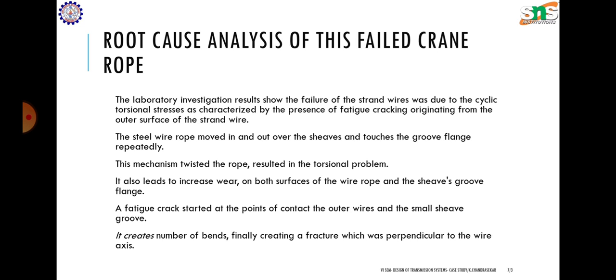It also leads to increased wear on both the surface of the wire rope and the sheave groove flange. This wear makes fatigue cracks start at the point of contact over the outer wires and small sheave grooves. It creates a number of bends and finally a fracture perpendicular to the wire axis.